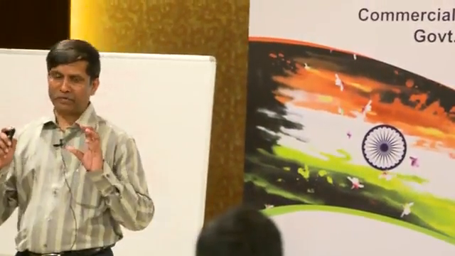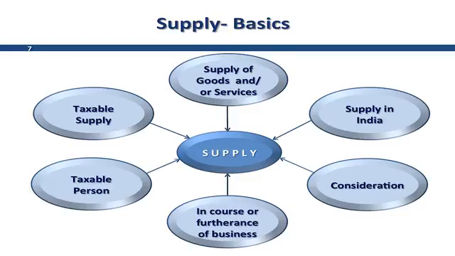Now therefore the conclusion is that the distinction between the supply of goods and supply of services will be relevant even in GST, because the time of supply and place of supply provisions governing goods and services are quite distinct. It is not only so in our model GST law, internationally the time of supply and place of supply provisions are quite distinct.